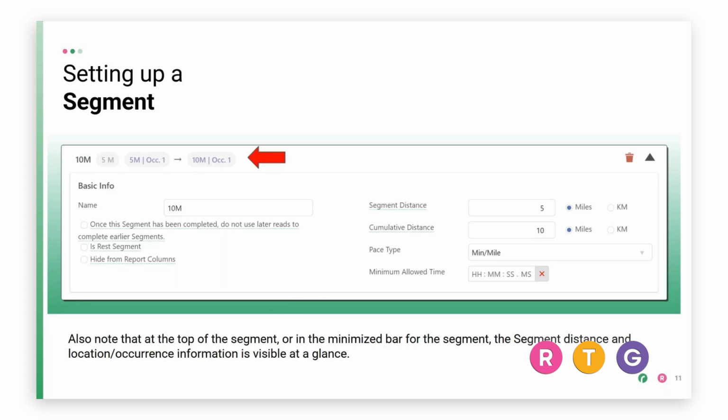Just one thing you may have noticed when you are building out segments, we do show you a summary of how the segment is structured at the top here. And basically this is telling you the start and the end points and the occurrences used at each. So this is saying my 10-mile segment, it's a 5-mile segment distance, and it starts at the beginning of the first occurrence on the 5-mile timing location, and it goes to the first occurrence at the 10-mile timing location.